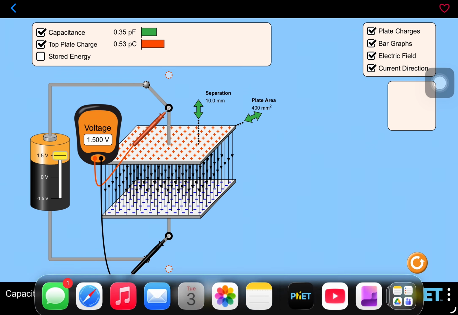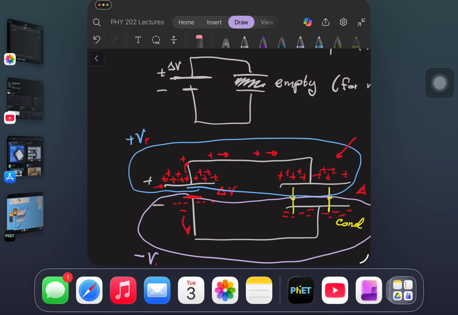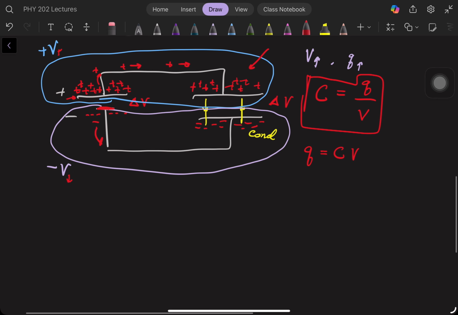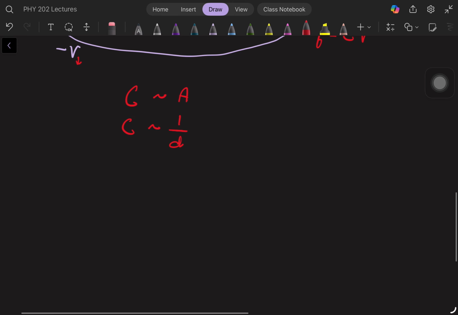And so, without even looking at anything, we expect the capacitance to scale with area, and we expect it to be 1 over the distance between the plates. All right, and so that's just a good expectation to have, which we'll investigate a bit more going forward.